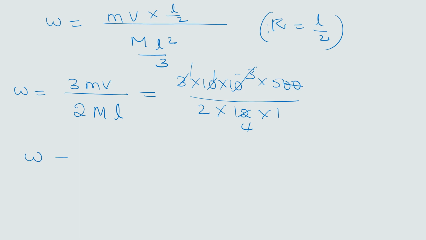So omega is equal to 5 by 8, that is equal to 0.625 radians per second.